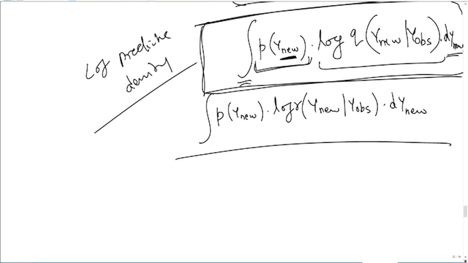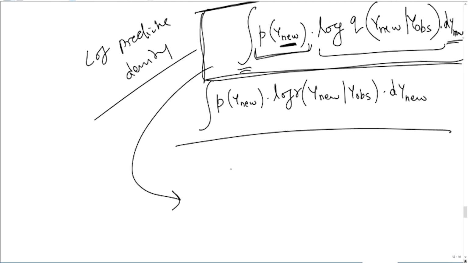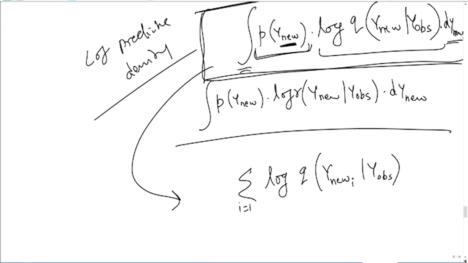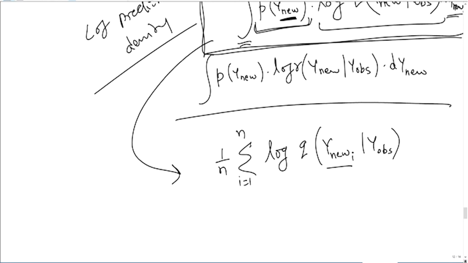You can approximate this integration using this: the average of log of q y new i given y obs, from i equals 1 to n, where n is the number of data points in your future data, and where y new i comes from the true distribution of y new.